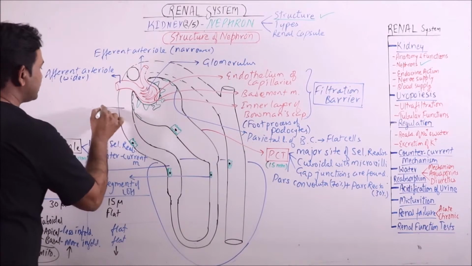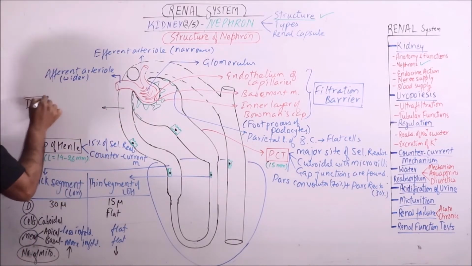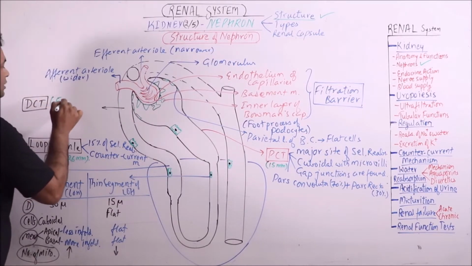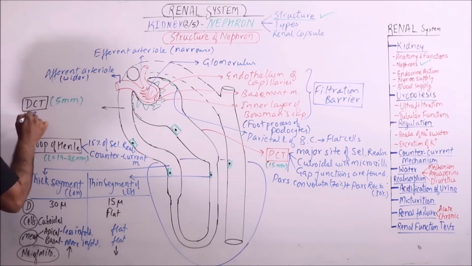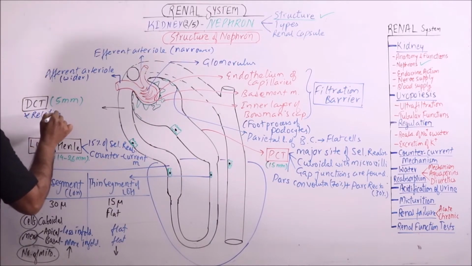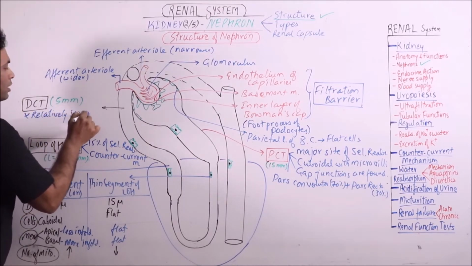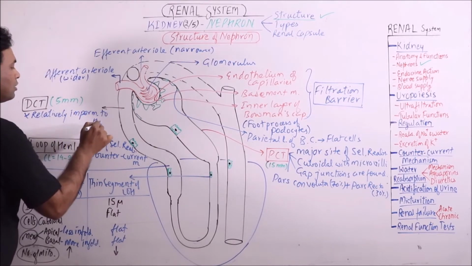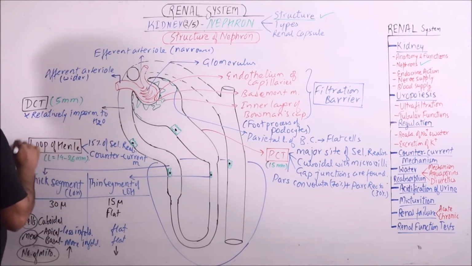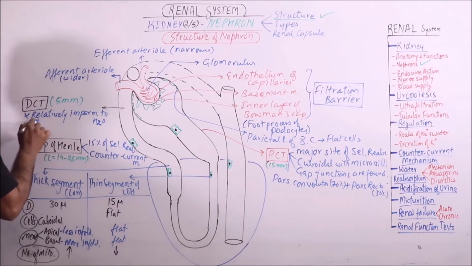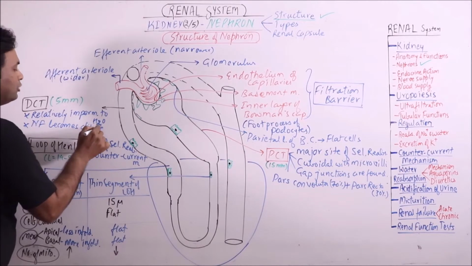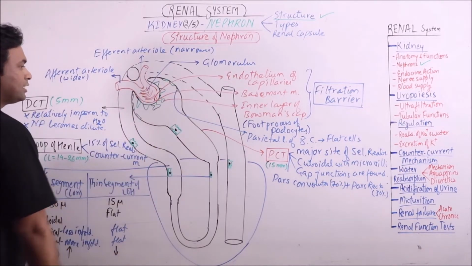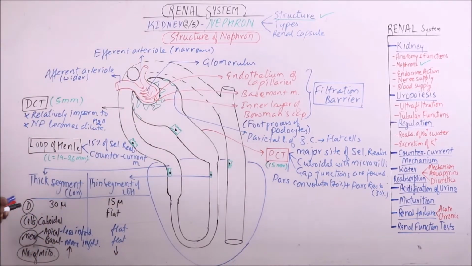Now the next structure is distal convoluted tubule, whose length is 5 millimeter. It is relatively impermeable to water, and the nephric filtrate becomes dilute in it. When it passes through the DCT, it becomes dilute.